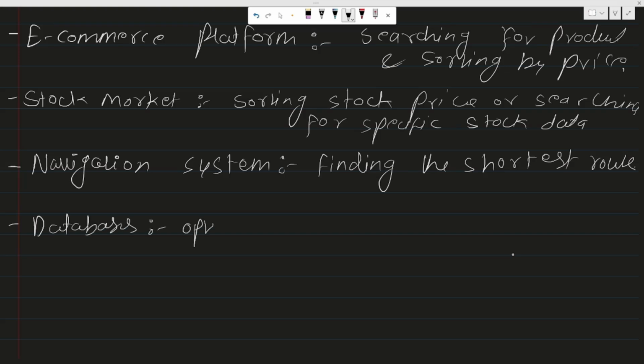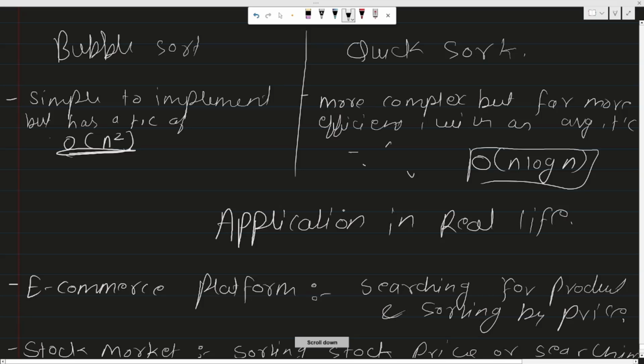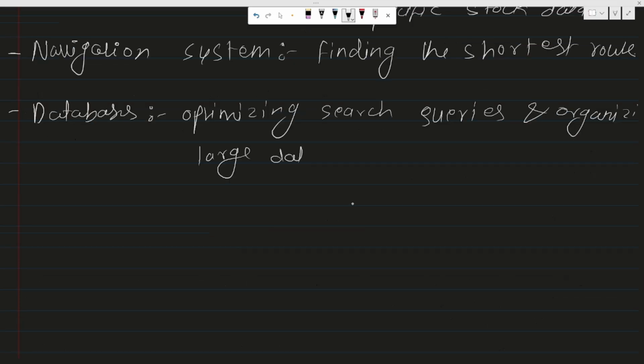And the last one is databases: optimizing search queries and organizing large data sets for quick retrieval.